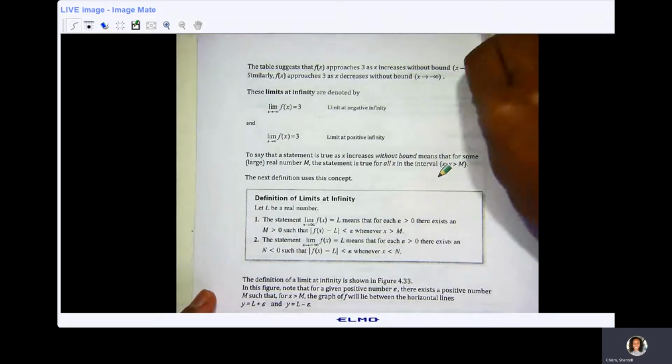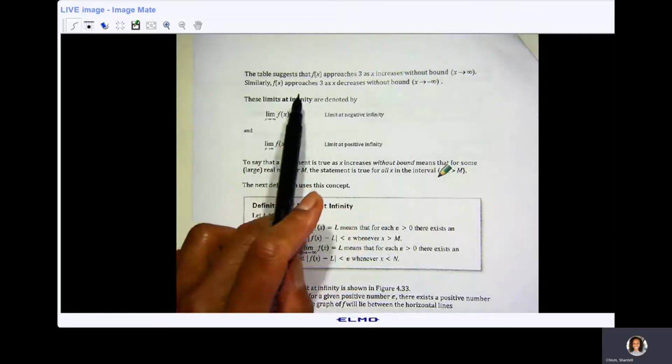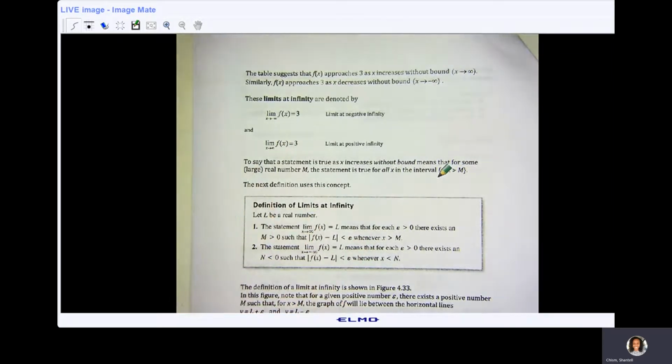So what does this all mean, you might say? The graph and the table suggest that f of x is approaching 3 as x increases without bound, and likewise, it approaches 3 when x decreases without bound. These are what we call limits at infinity.